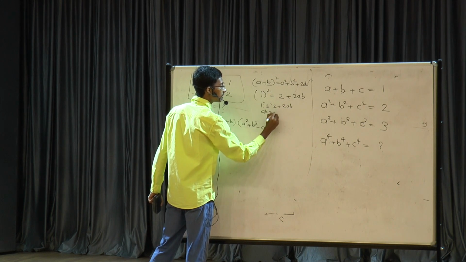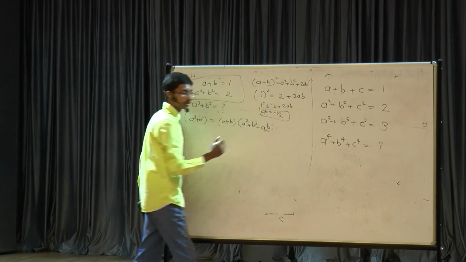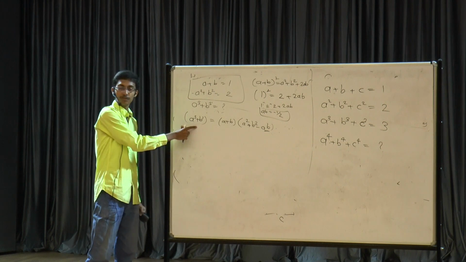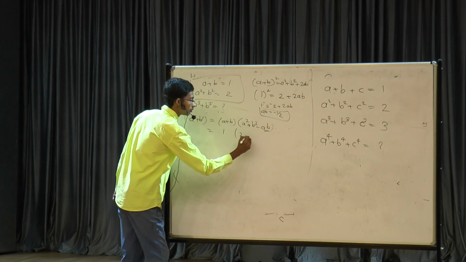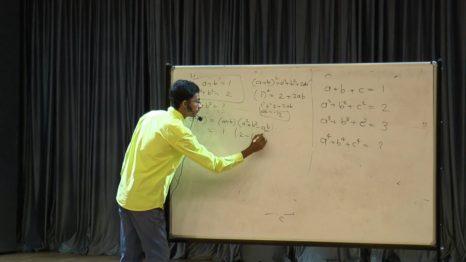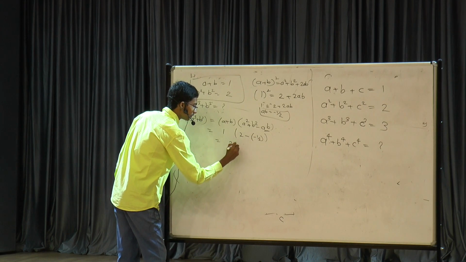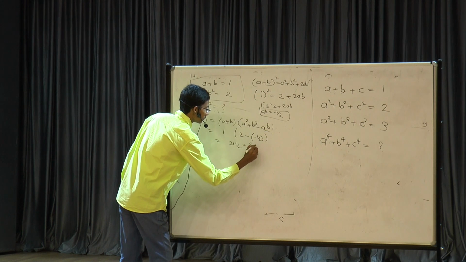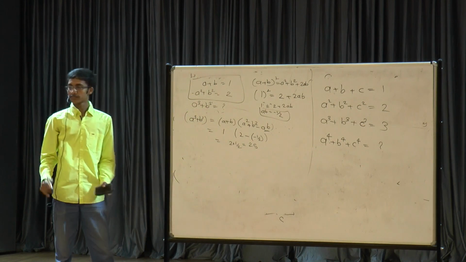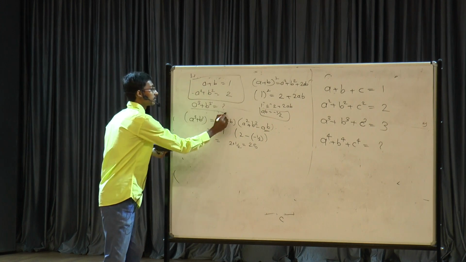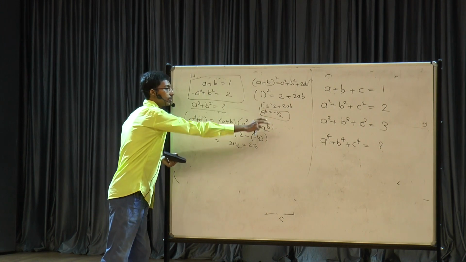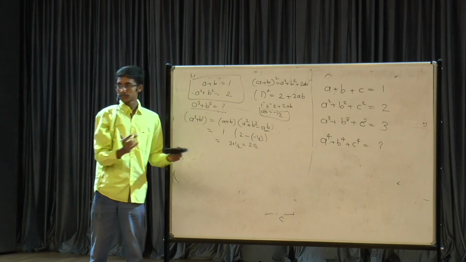So AB is minus half. Do I know the value for A cube plus B cube? It is going to be 1 into 2 minus half. So it will be 2 plus half, or 2.5, 5 by 2. Okay? So we are solving this from some identity on smaller powers.